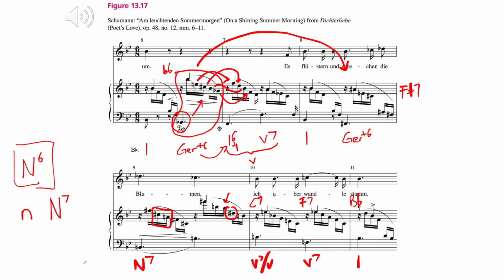Neapolitan 7. In this case, we assume that this C sharp is an appoggiature to D sharp, excuse me, and this A is a chord member, not functionally but as color.